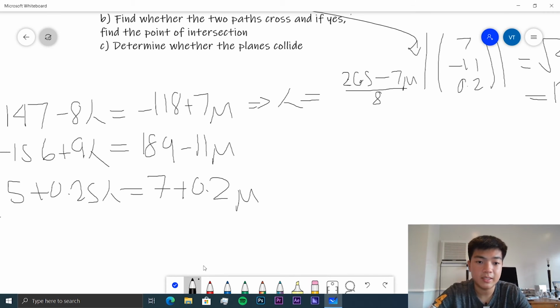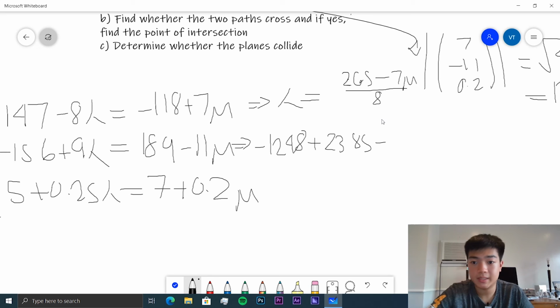So if we substitute it into here, we get negative 156 plus 9, or let's multiply everything by 8 so it's simpler. So we have 156 times 8, so we have negative 1248 plus 9 times 265, 2385, minus 7 times 9, which is minus 63 mu, is equal to 189 times 8, 1512, minus 11 times 8, minus 88 mu.